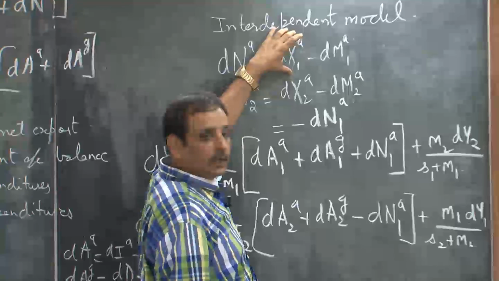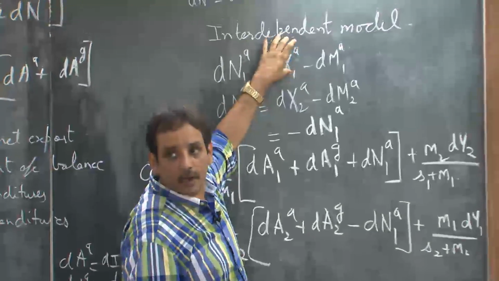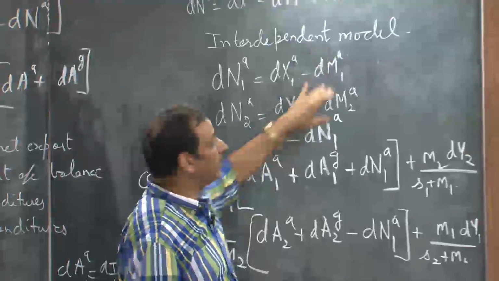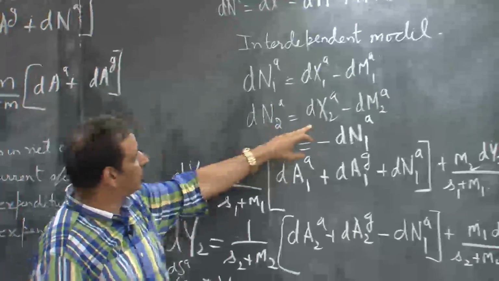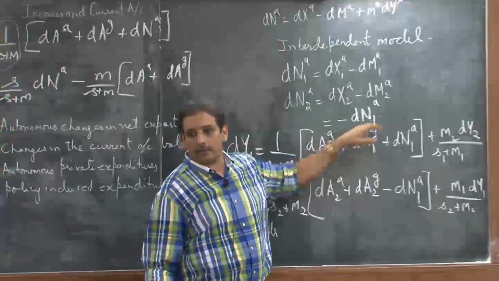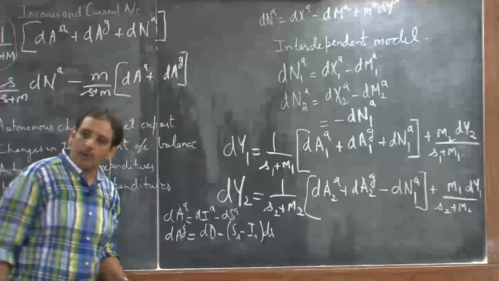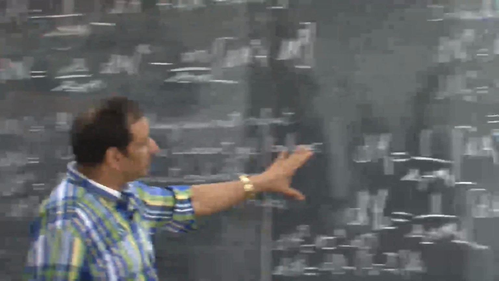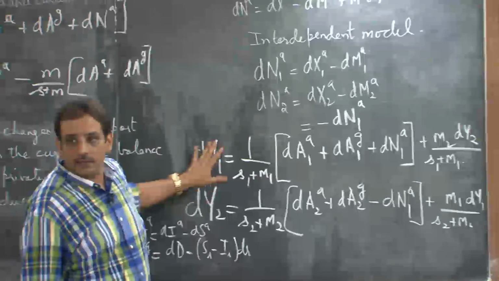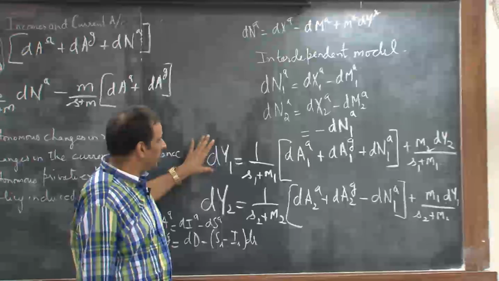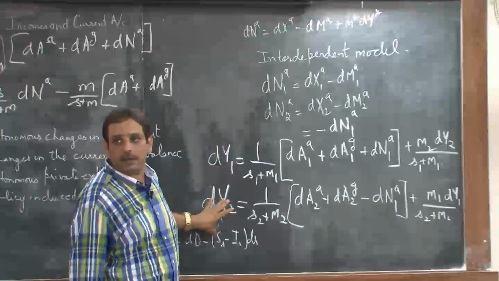Now it's a little curtailed one, it's dx1A minus dm1A, and dN2A is dx2A minus dm2A, which is minus dN1A. So now you have these two countries, we are studying the interdependence model. You have two equations in two unknowns. These have to be solved to get the values of dy1 and dy2.